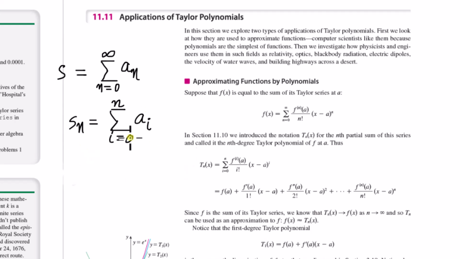Note that we can only say that this is equal to S, and we can only say that the Taylor series is equal to a sum, if it's convergent. If it wasn't convergent, you couldn't say it's equal to S. And when you say the Taylor series is equal to a function, it's specifically over the interval of convergence, where when you plug in an x, it's convergent. Okay, so that's important to note, right? The Taylor series is not equal to the function outside of the interval of convergence.